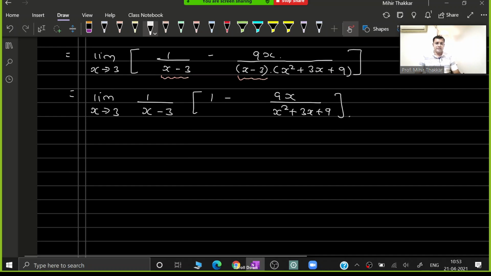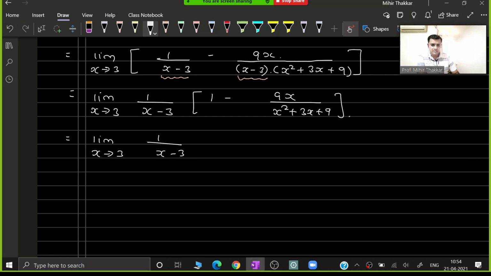Now by just taking a simple LCM inside the bracket, I will get x square plus 3x plus 9 minus 9x. Now solve it out.